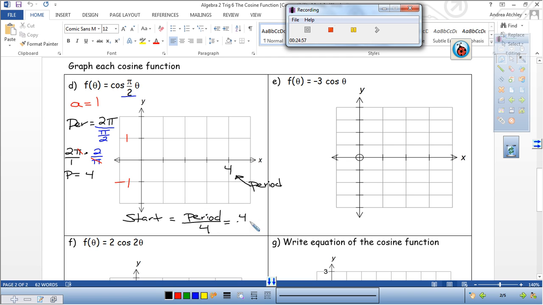So it's 4 divided by 4, so I'm counting by 1. Any questions around that? So then I do 1. 1 plus 1 is 2, plus another 1 is 3, plus another 1 will give me 4. Any questions on how I got that?